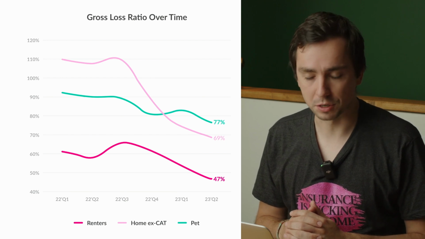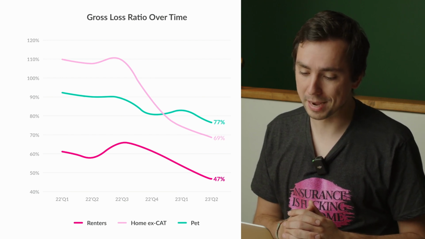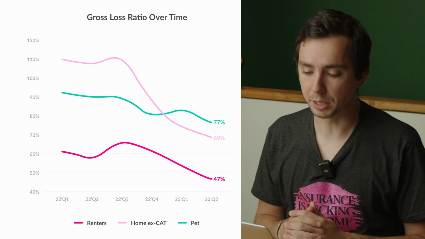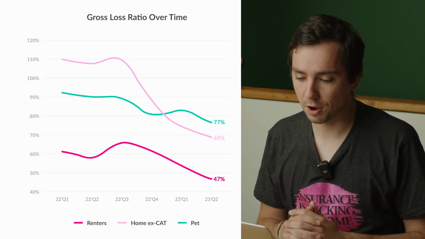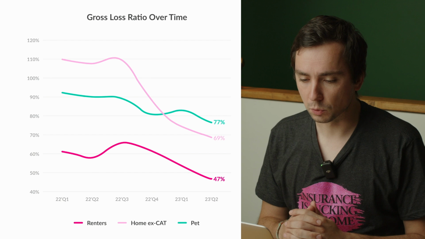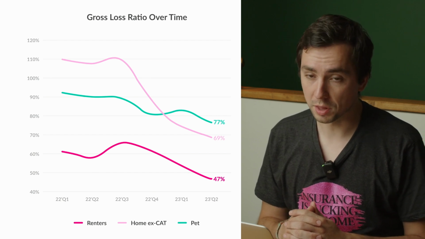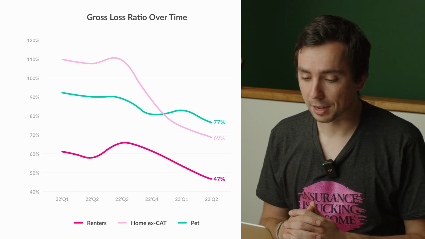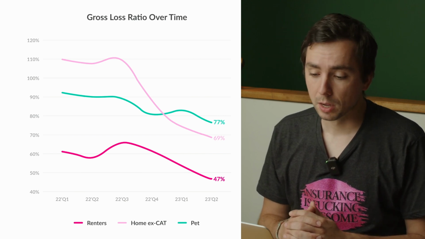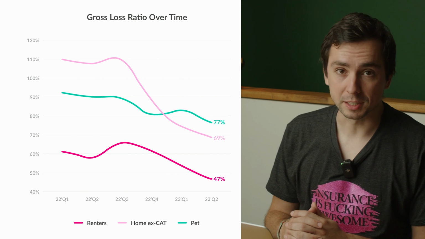It's a bit suspicious, and you might suspect that maybe they didn't show it because the other lines aren't really going that well, right? Maybe the loss ratio for home with cat and for car and for life maybe isn't really going down over time.